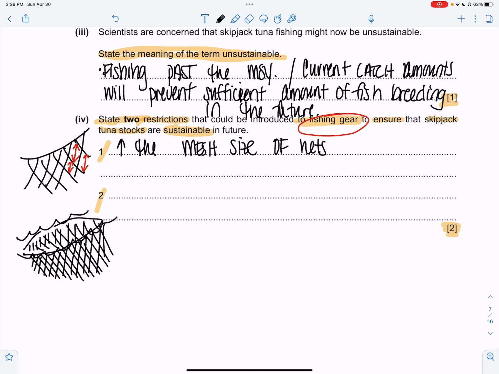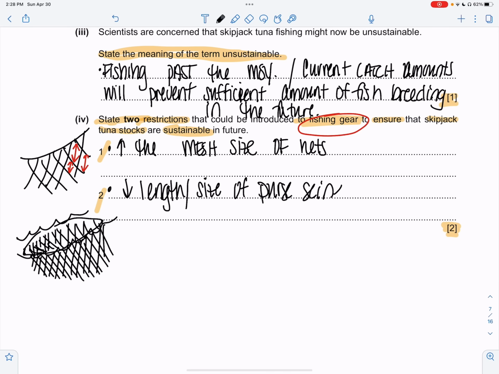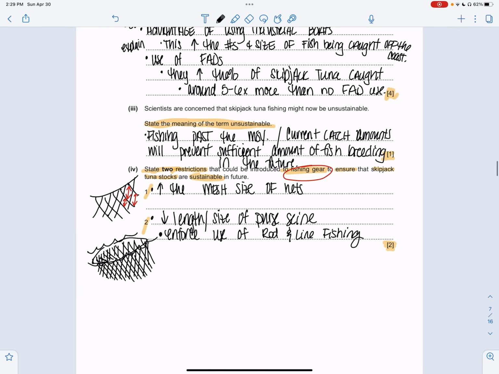So if we can have them decrease the length or size of the purse seine, this will cause them to not be able to catch as much fish. Or enforce use of rod and line fishing because you can only catch one at a time. It's the most sustainable method.